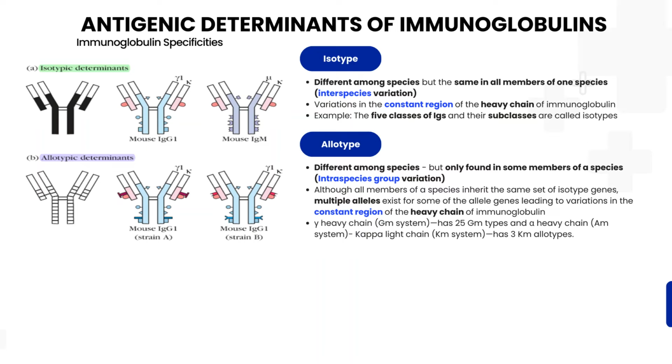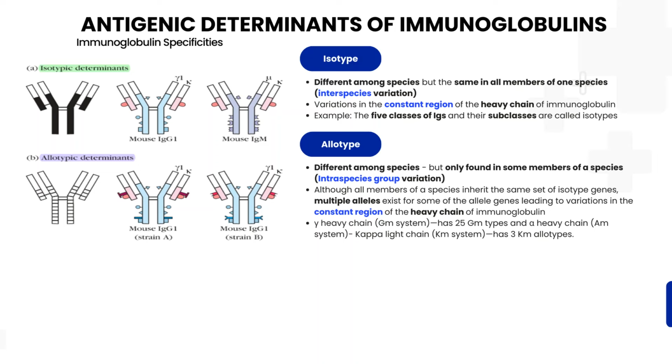So in isotype there is no change in L chain, but here the constant region of both H and L chain are showing the difference. And here the antibody molecules are different among species, and they're only found in some members of one species. So it shows intra-species group variation. They're only found in some individuals of one species, but they are different in each species.